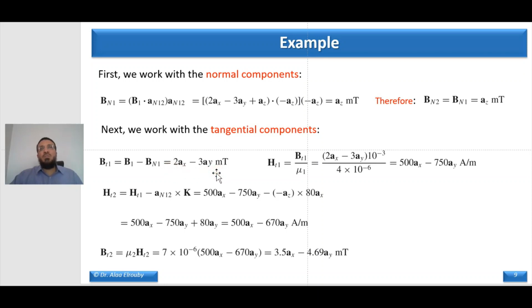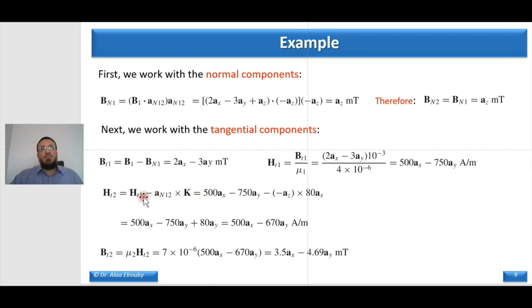The boundary condition that we have is related to H tangential 1. We can find it easily by dividing B tangential 1 by mu1, and it will have this expression. Now we can apply the boundary condition: H tangential 2 equals H tangential 1 minus an12 cross product K.